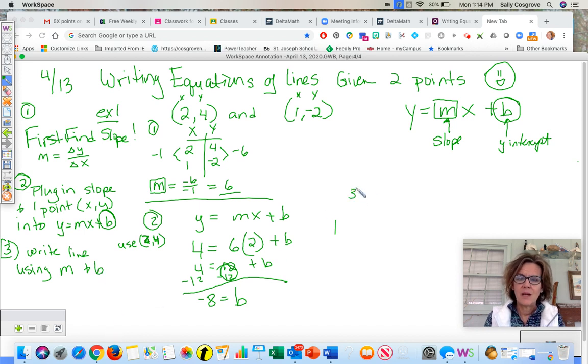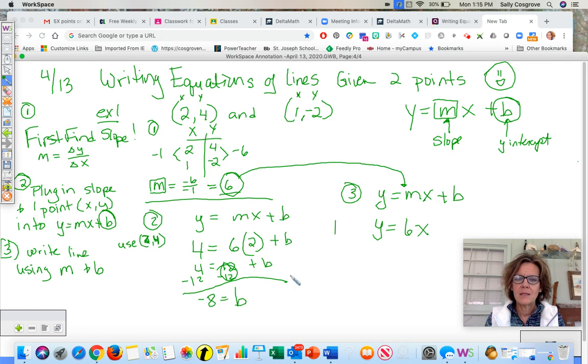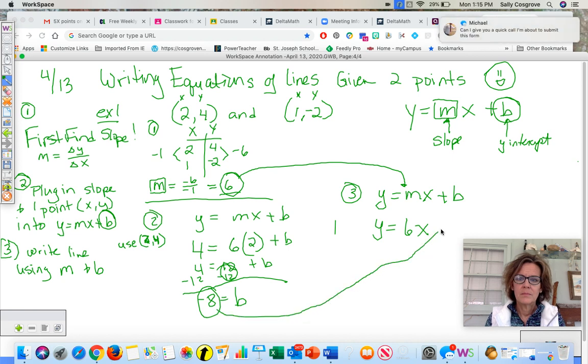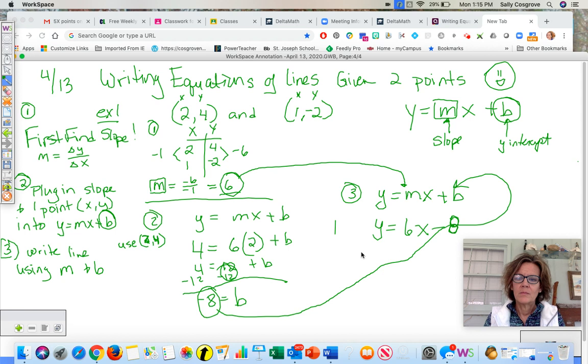So here's step 3, right over here. y = mx + b. y equals, now who was our slope? 6. 6x. And who is our y-intercept? -8. All right, y = 6x - 8.